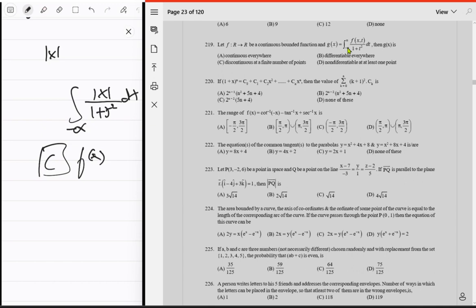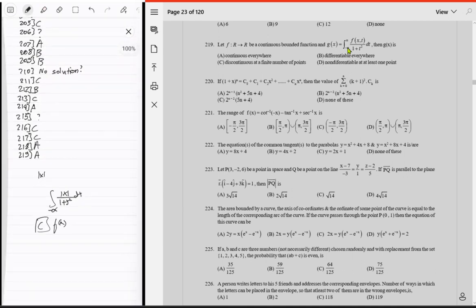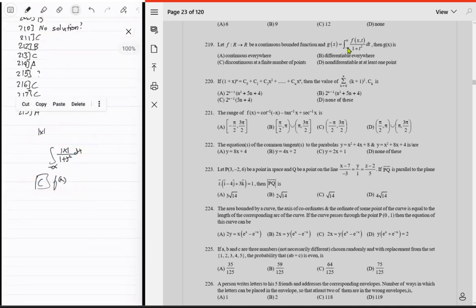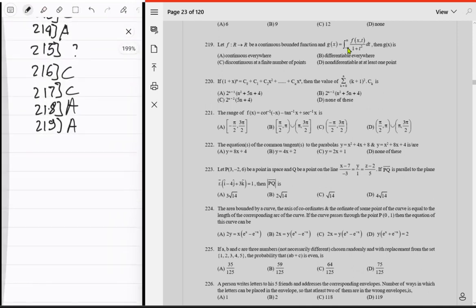For something like mod x, f dash is not defined at 0, so this is not differentiable everywhere, but f is continuous. I guess it can be continuous, so I'm going for a. It does look continuous, because the integration is well defined everywhere.